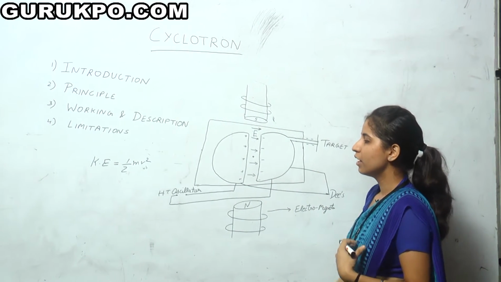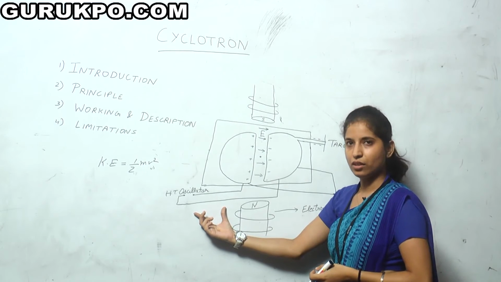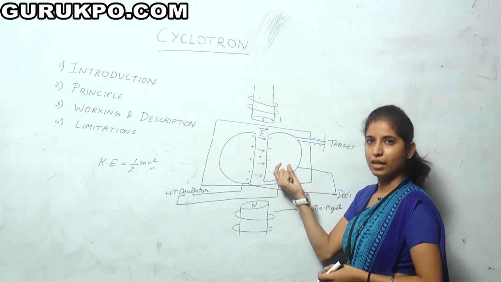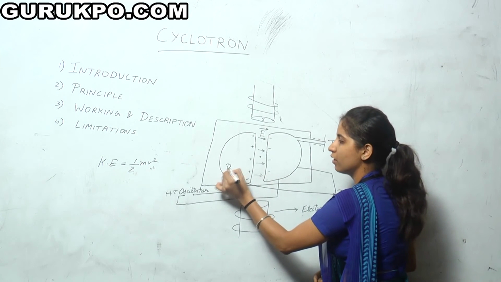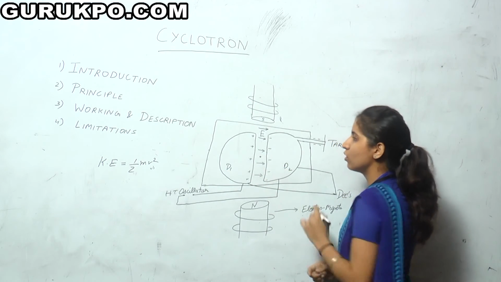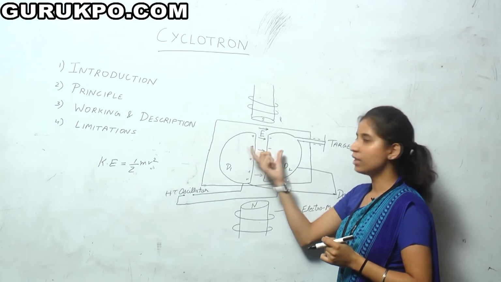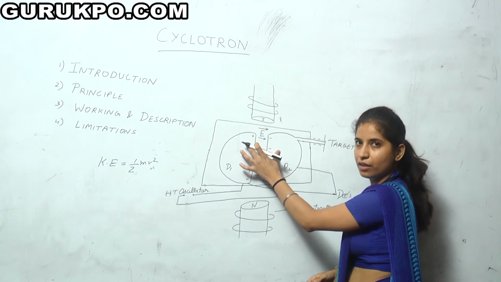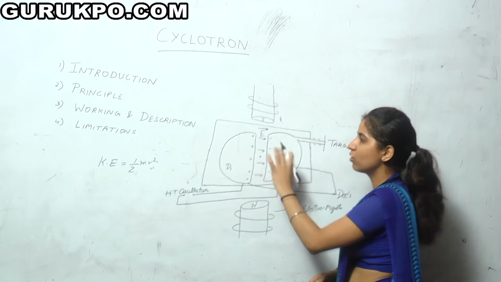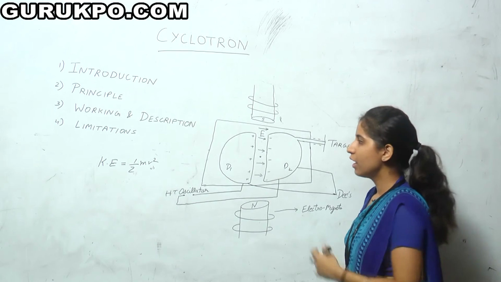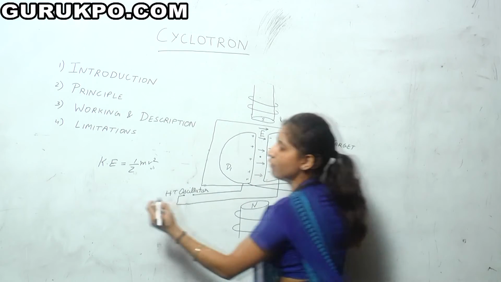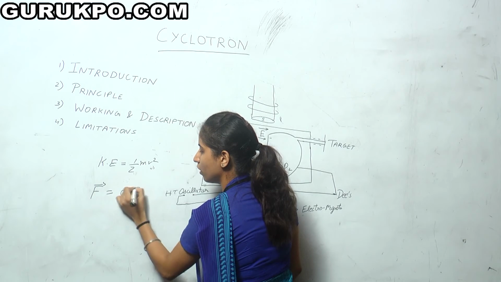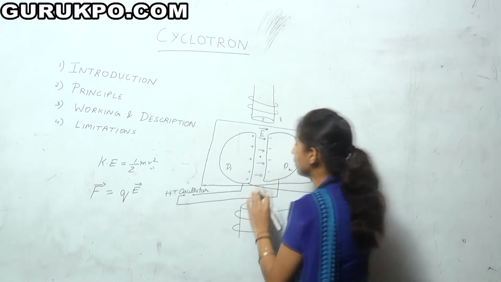Now we will see the potential. One D will have some positive charge and the other some negative charge. Let us name them D1 and D2. D1 has positive charge and D2 has negative charge. Because of this potential we have an electric field, and because of the electric field we have force, as force is QE, and it is a charged particle.